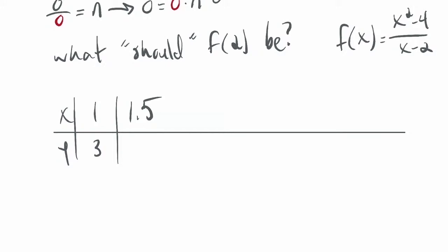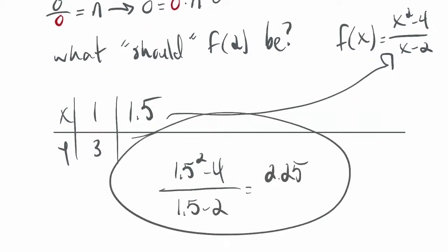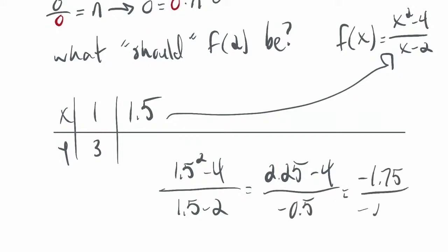For this one, this is not too bad. If I put in 1.5, right? So if I have 1.5 squared minus 4 over 1.5 minus 2, so this is 2.25. I'm going to erase all this in a minute. I just want to write out the calculation, then I'll erase it. So negative 1.75 over negative 0.5.